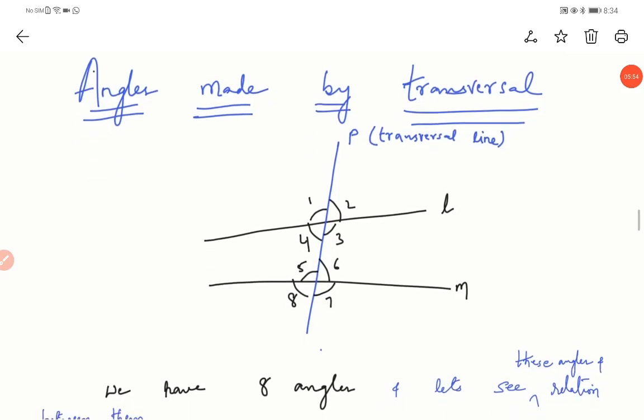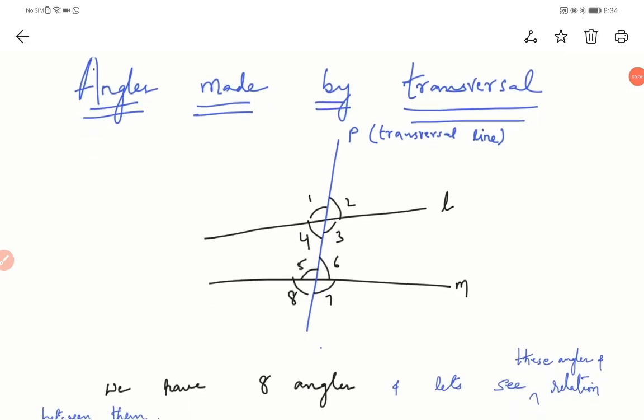Since this transversal line is cutting the two lines, you will get many angles, and obviously you are going to get many questions on this transversal line.